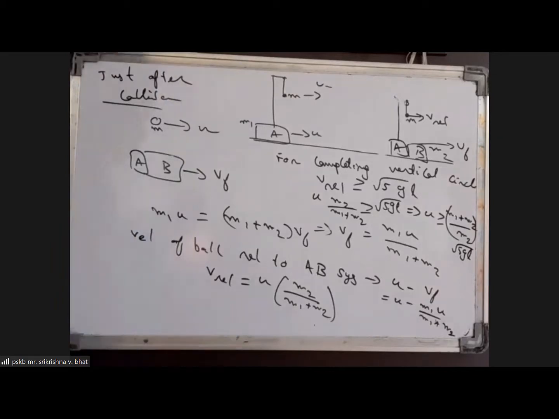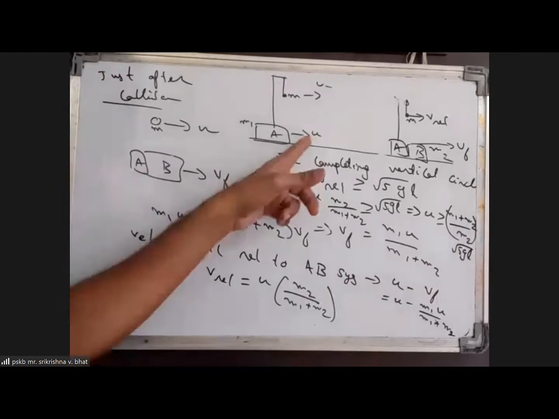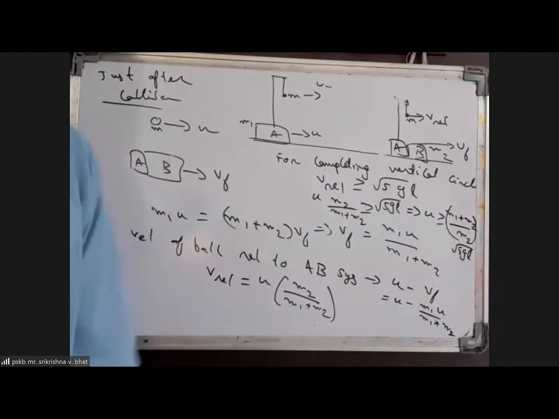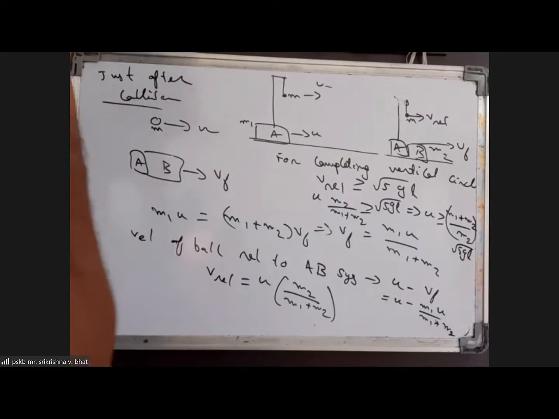So we get the condition that u should be greater than or equal to (m1 plus m2) by m2 into root 5 gL. That's the minimum velocity. We want to find the minimum value of u so that the particle will be able to complete a vertical circle during its subsequent motion. Right? Is it clear?